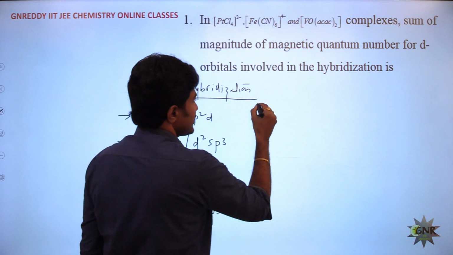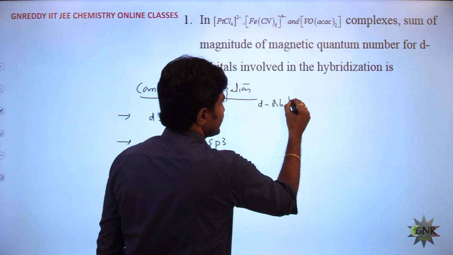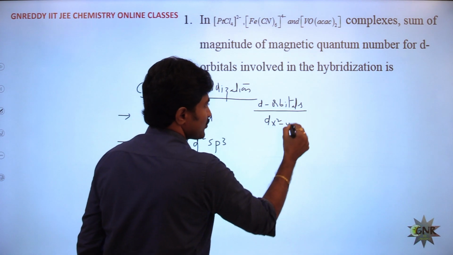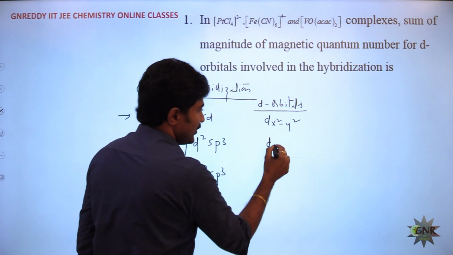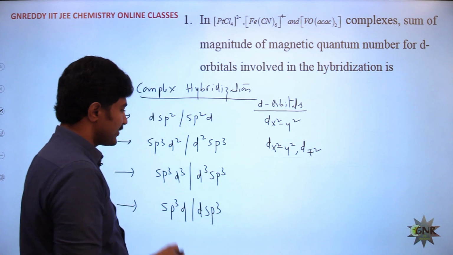Here, which d orbitals participate? In dsp2, the dx square minus y square orbital will be participating. In sp3d2, dx square minus y square and dz square orbitals will be participating.